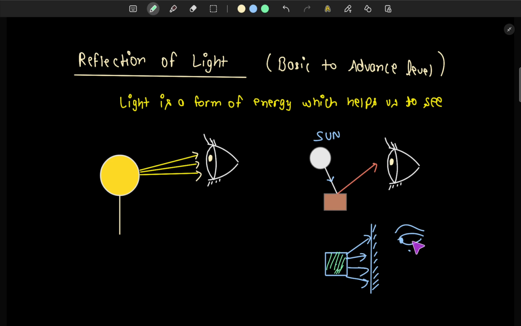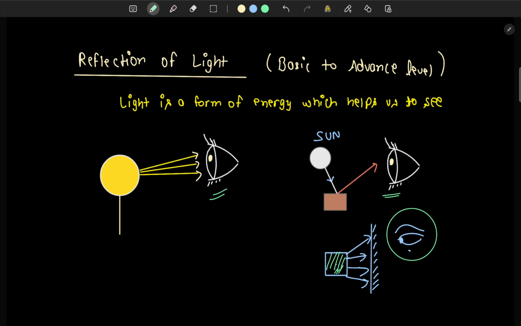The reason we were able to see this object is not just because the object is present, it's because the light rays from this object were able to reach the eyes. So if we put a wall in between, now these rays cannot reach this person. Okay, so that is why he is not able to see the object.